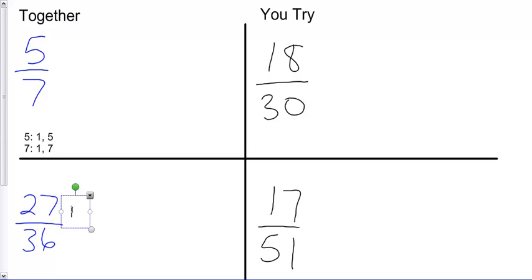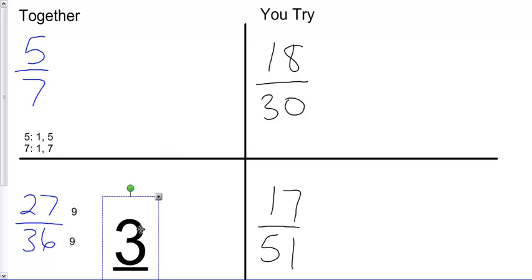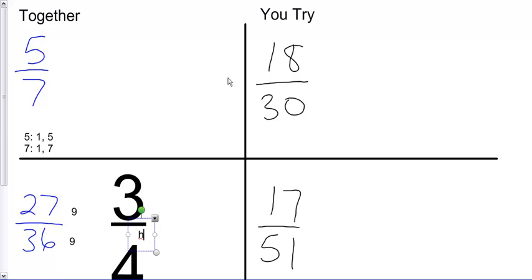Yeah, so if I divide this by 9, and I divide here by 9, that gives me 3/4. And 3/4 is in simplest form, so I know that that is my answer. So 27/36 in simplest form is in fact 3/4.